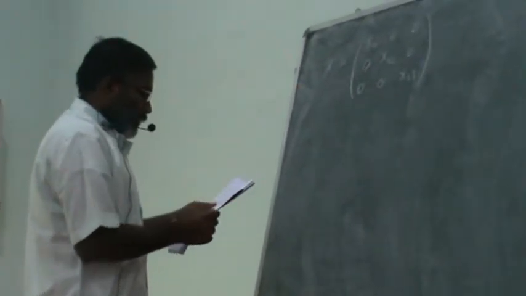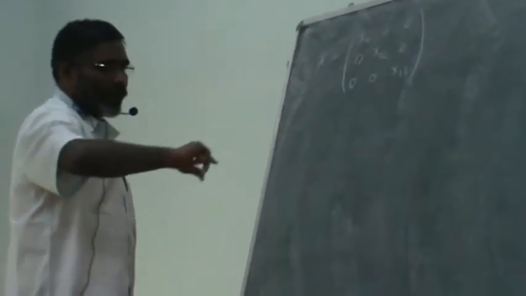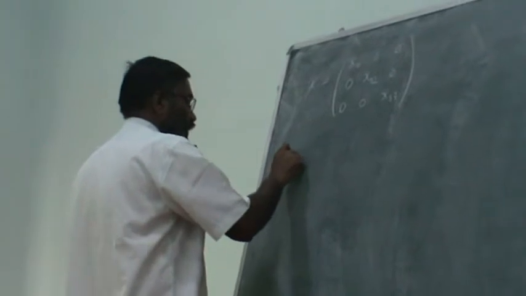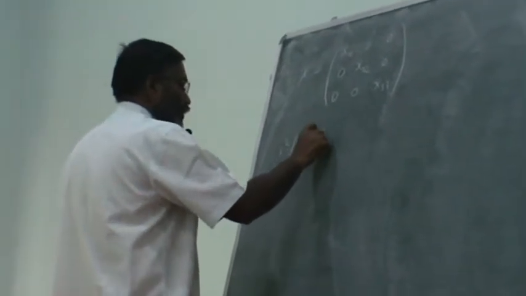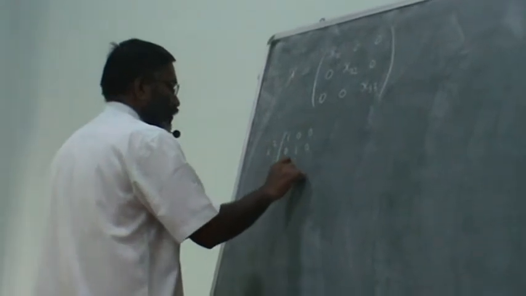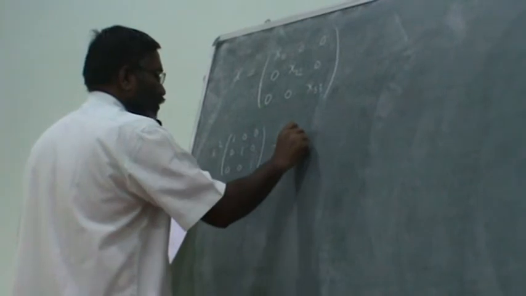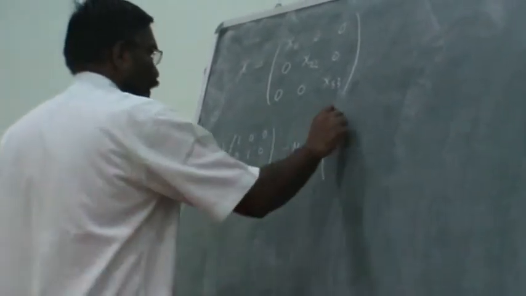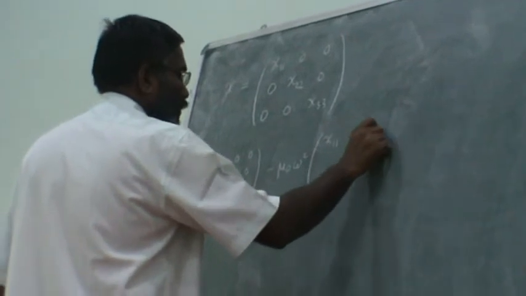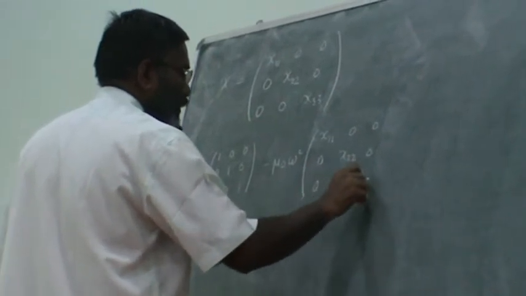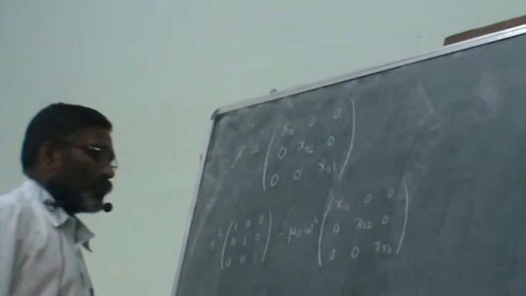The equation, that big equation which I have written down earlier, can be written in this form: k square times the identity matrix 1 0 0, 0 1 0, 0 0 1, minus mu naught omega square into chi. This chi is chi 11, 0, 0; 0, chi 22, 0; 0, 0, chi 33. This term was made 0 last time, so we didn't have chi, or even if we had chi, it's only changing the epsilon.